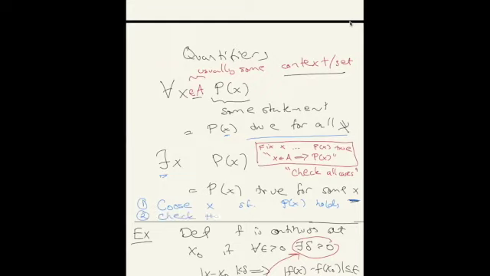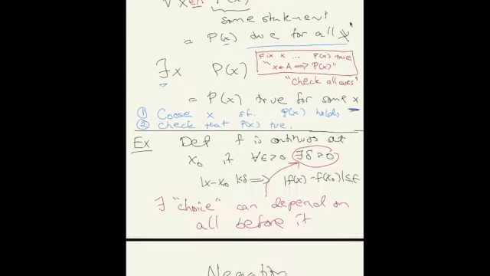Check that px is true. These are the two steps of proving that such a claim is true. And these are logically different because here we get to choose it, whereas here we have to fix it. These are logically quite different procedures because in the other case, we can give a formula for it, whatever we want to do.